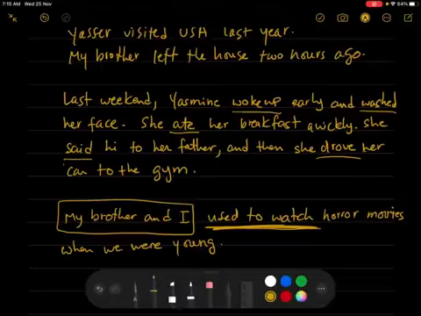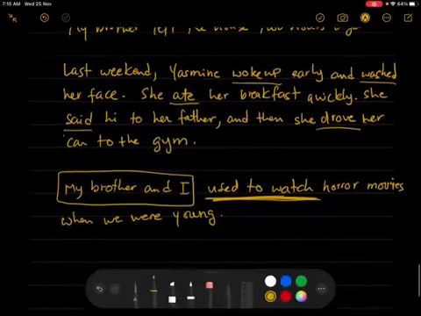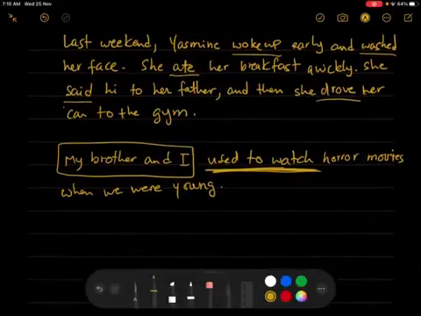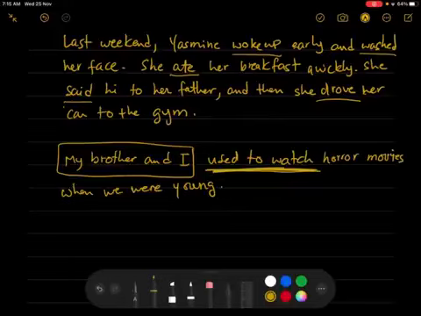It means that was my habit in the past. But now it doesn't exist. Okay, I don't do this in the present, but in the past I used to do this, but now this habit isn't present.